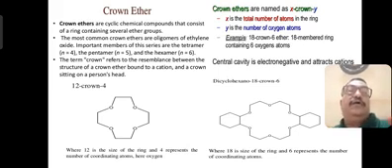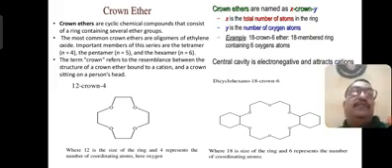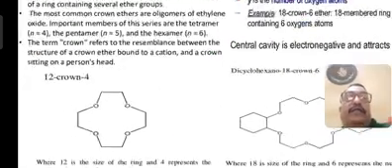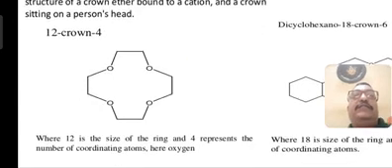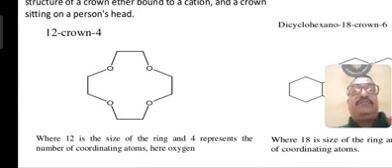So I have given one example for clear understanding. I have written it as 12 crown 4. So what is this 12? 12 is the total number of carbon and oxygen present in the ring system.